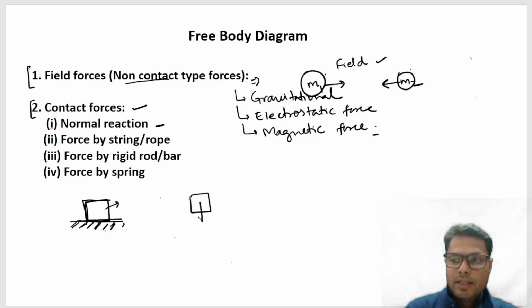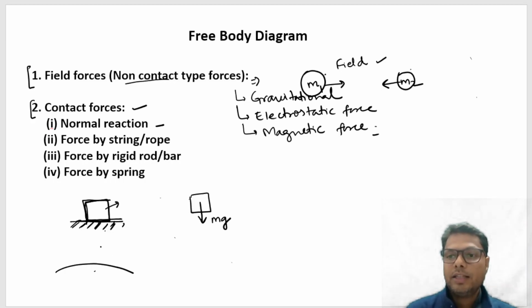We apply a weight. There will be a weight, or the gravitational force, acting on this block. Now if you see, the gravitational force is a field force. Here is earth. Earth is attracting this block, and for this attraction, earth does not need to make contact with this block. The earth will pull this block, but this block is not going downward. Why? Because of this table.